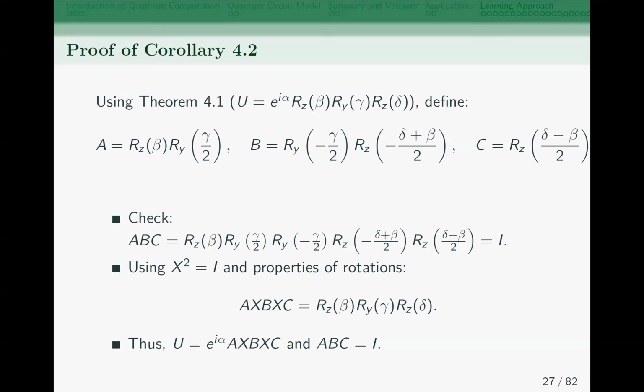And so this guy, using this formula, will get Ry gamma divided by 2. And this guy will get Rz, you just get an extra minus sign, delta plus beta divided by 2. Right, so you combine everything. So this is a magic.